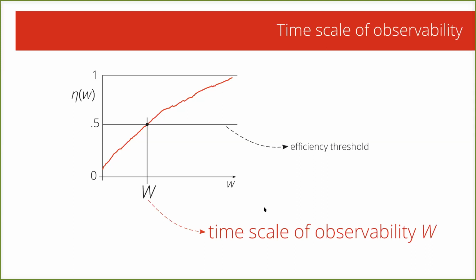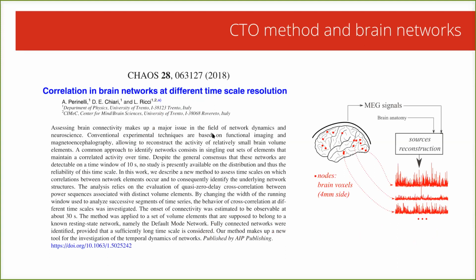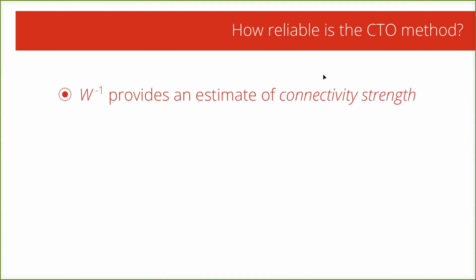And okay, so this approach was, for example, used by our group to assess cross correlation in brain networks by relying on magnetoencephalography recordings. And this is the first article in which the method was proposed and applied to this kind of recordings. But a key question at this point is, okay, how reliable is the CTO method?